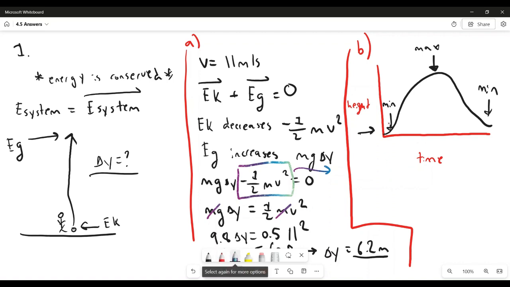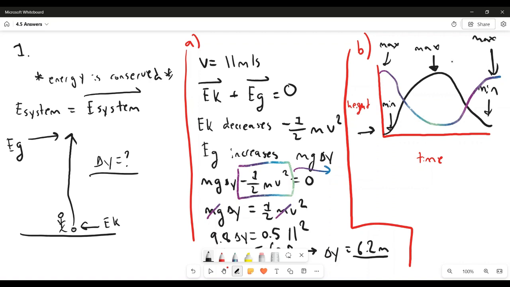However, if we were drawing the kinetic energy instead, it might look a little something like this. So on the same axis like this, again, this would be its max point, and again, this would also be its max point.